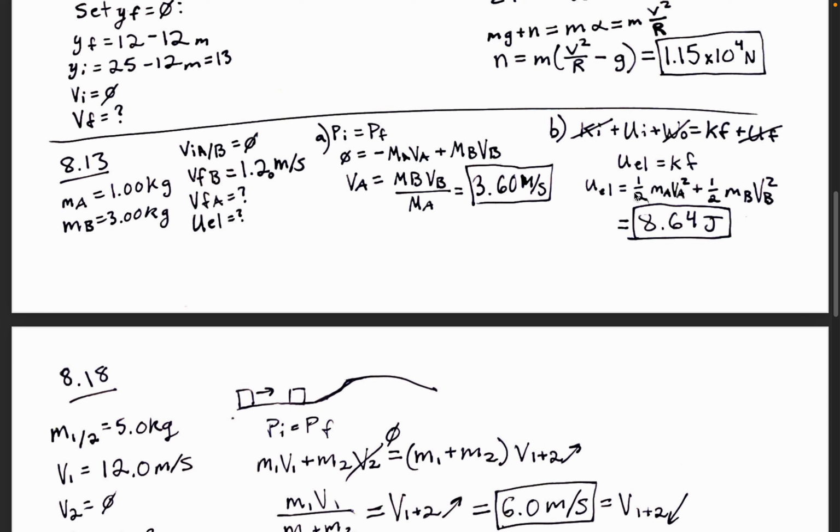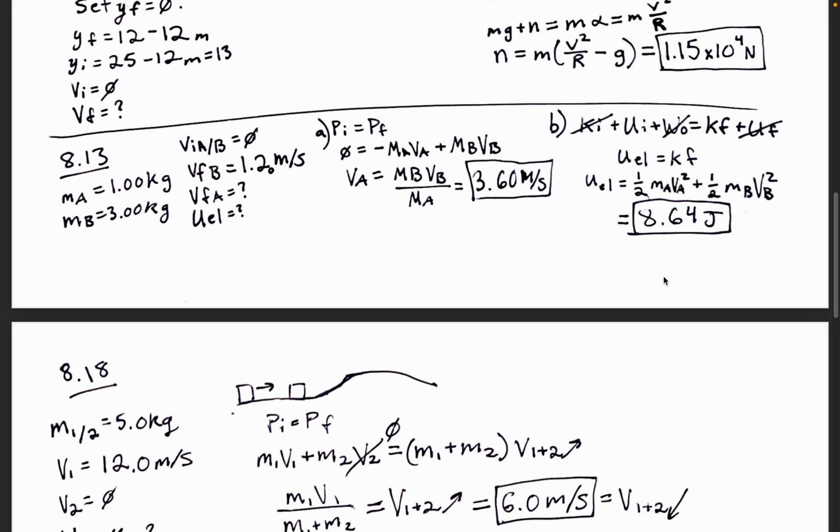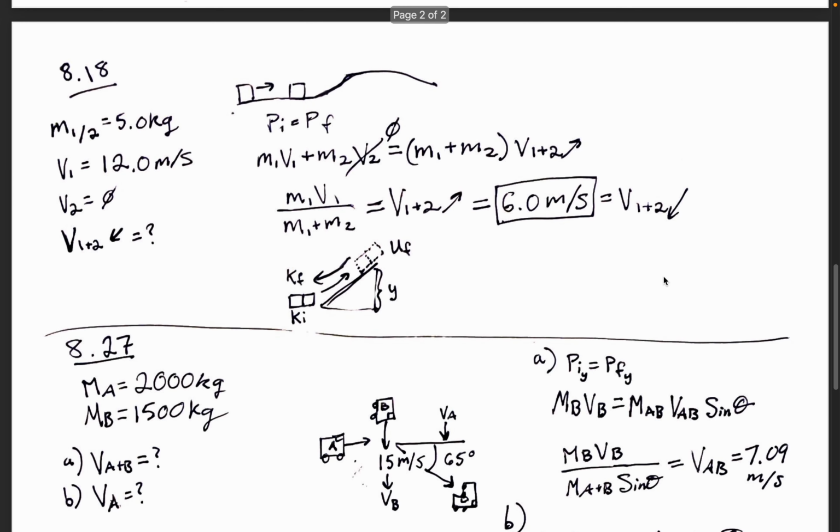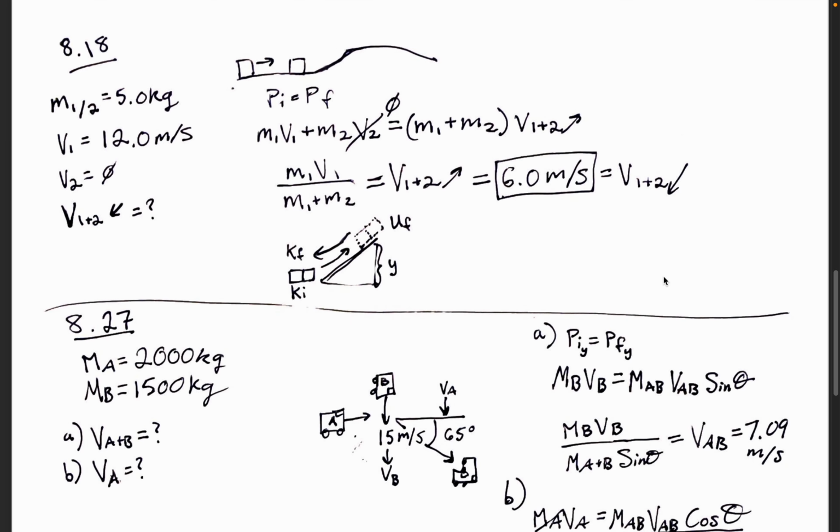Now here in the kinetic final, like I said before, we have the first mass kinetic energy plus the second mass kinetic energy. And so then once you sum those up, you get the total, which is 8.64 joules. So then we're almost done. Yeah, 2/3 of the way through.